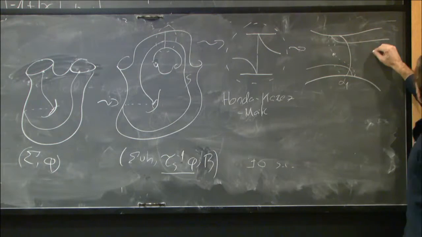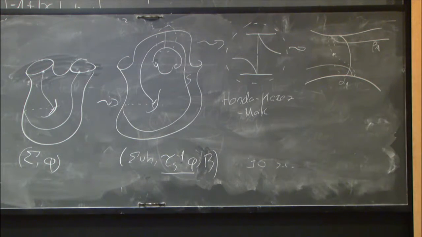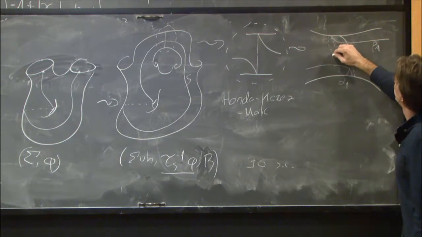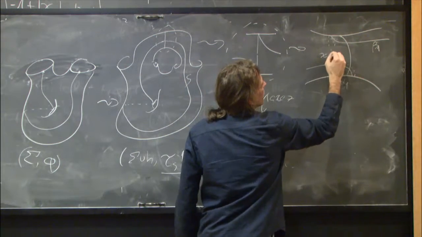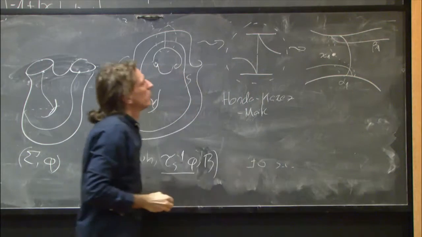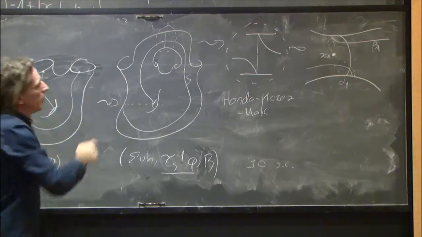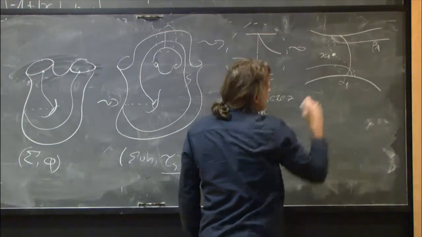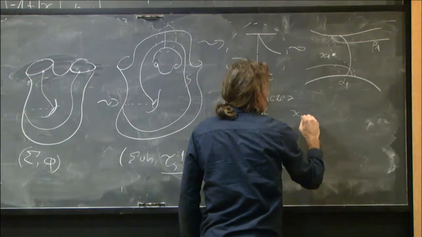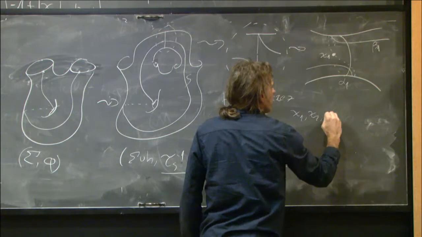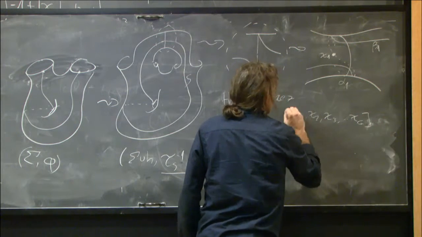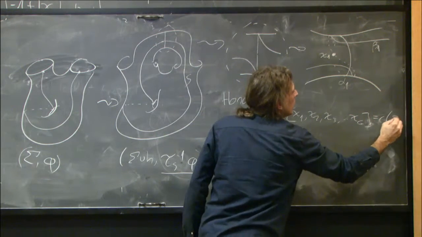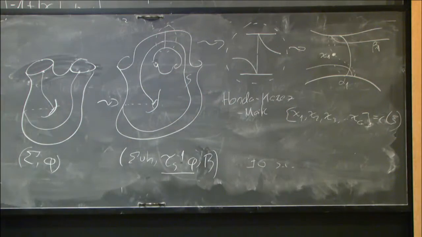So this is beta 1. And to each element in your basis, in doing this, you get some preferred intersection point, which for this one I'll just call x1. And Honda-Kazez-Matić show that the tuple you get by doing this represents the contact class of the contact structure you started with.